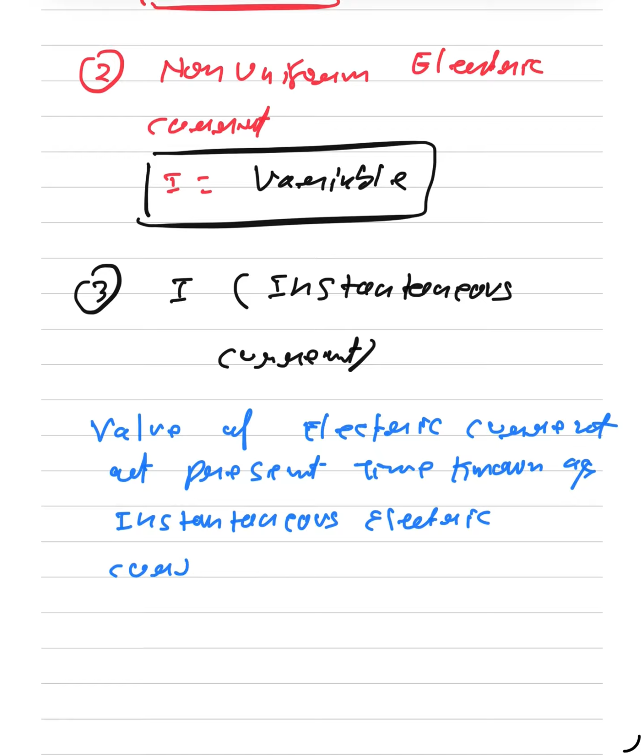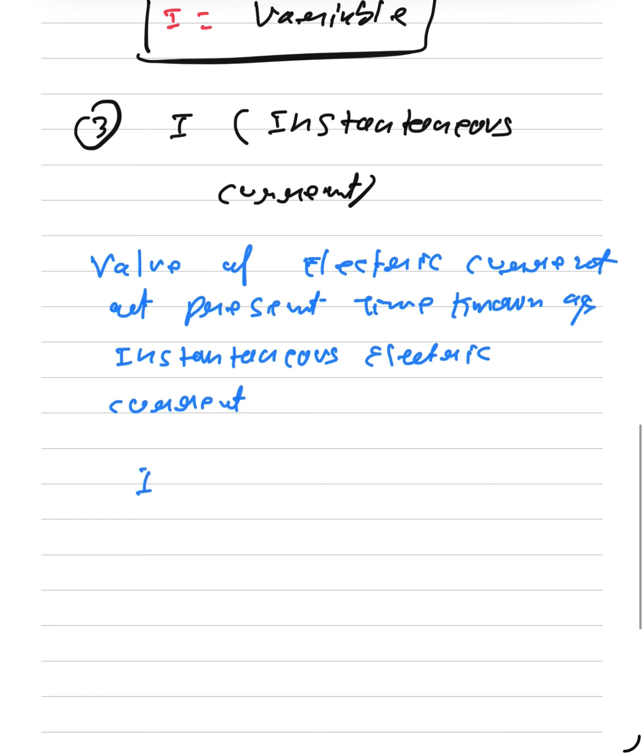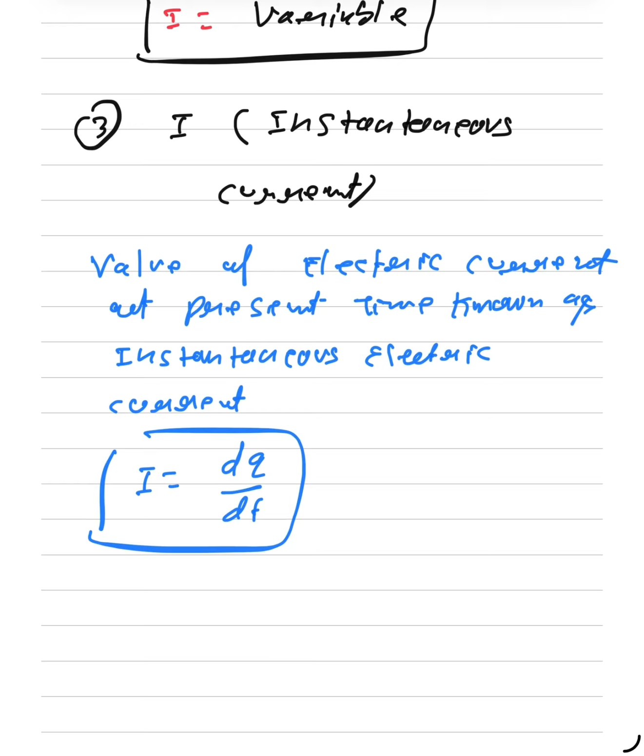The formula of the instantaneous electric current is I equals dq divided by dt, the differentiation of electric charge with respect to time.